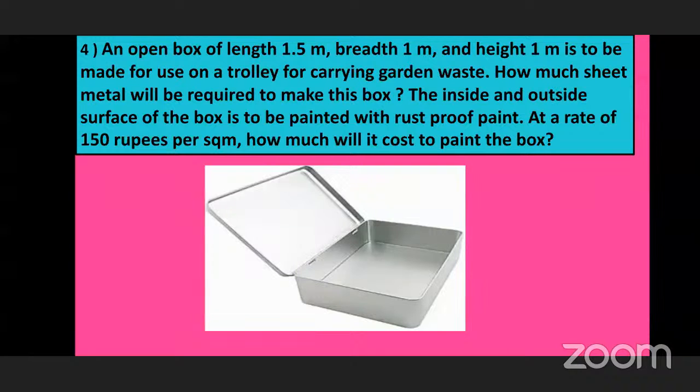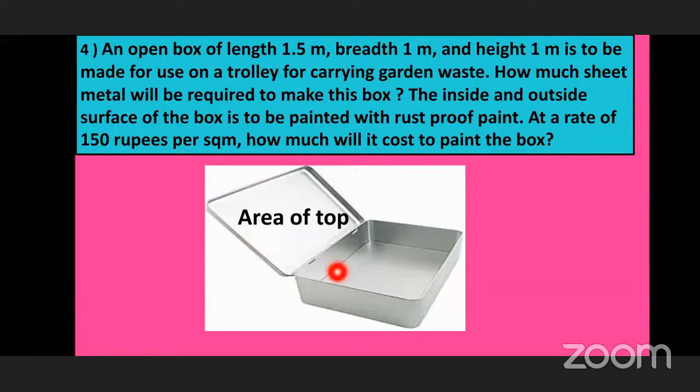This is a metal box, where there is the area of the top. See children, in the question it is mentioned the box is open. When we find the total surface area, we get the total area of the rectangular box. But as the box is open, we have to subtract the area of the top from the total surface area.